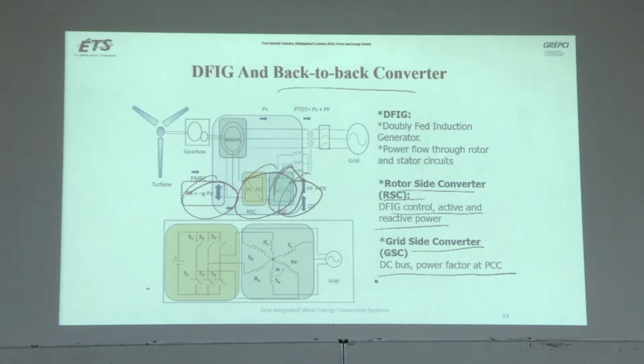You are trying to keep the DC voltage constant through active filtering. This is what we did in the shunt filter, right? We tried to keep VDC constant. So this converter can take care of power quality problems and power factor at the PCC. So here you have the PCC somewhere.